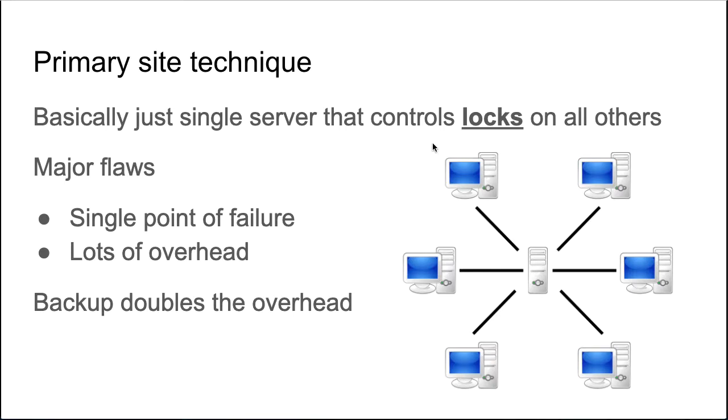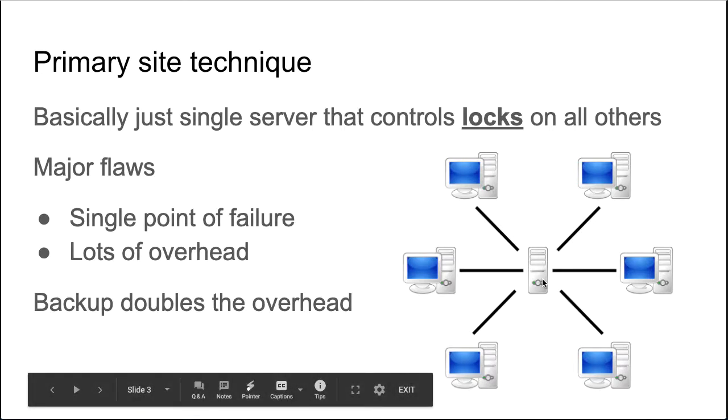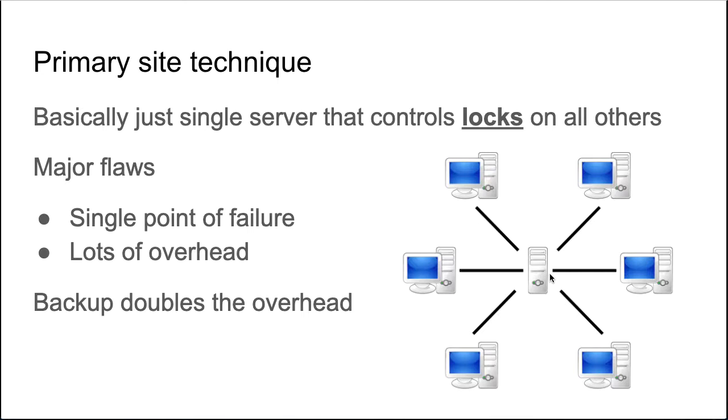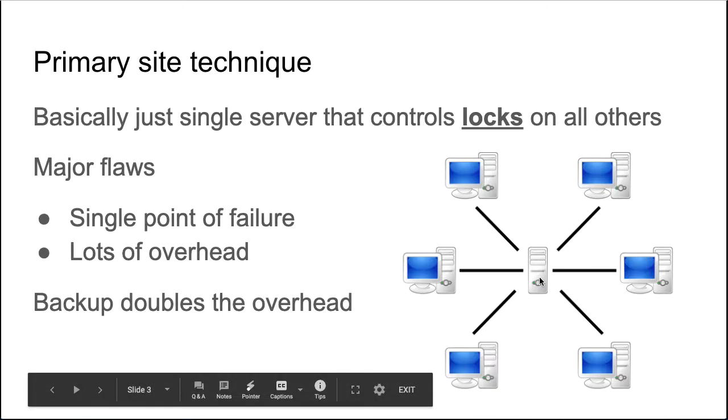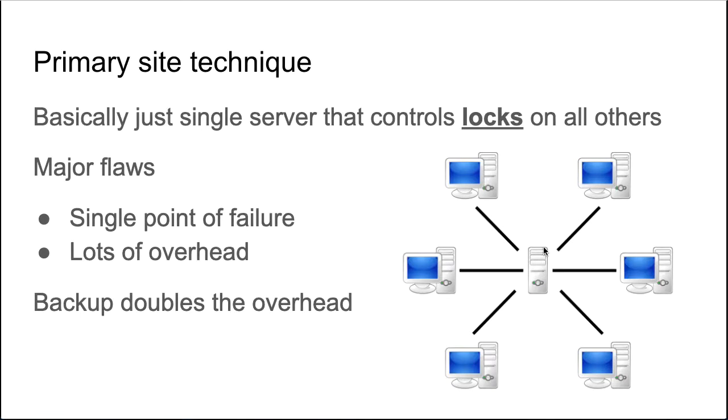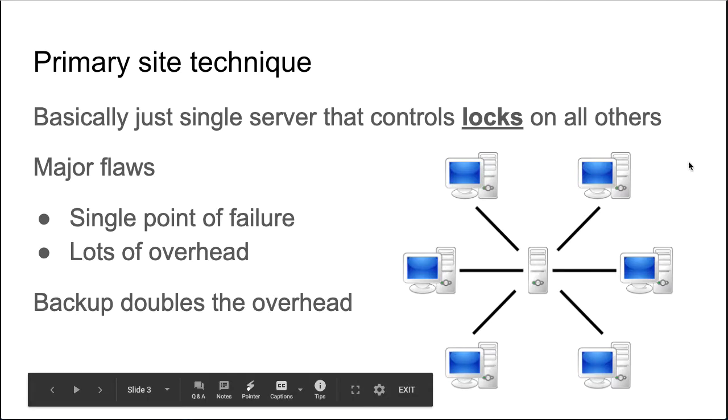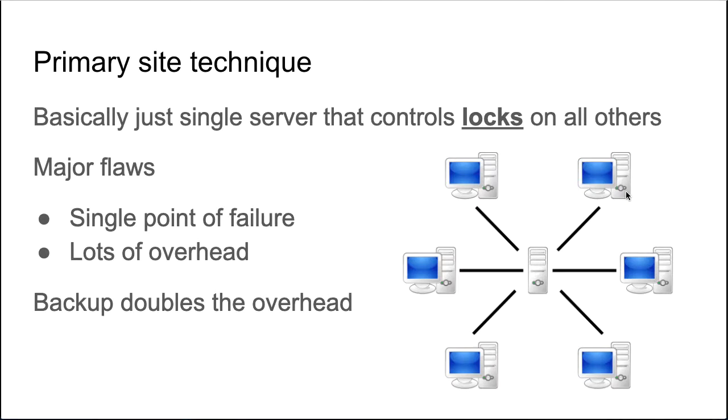So one of the ways that they can be dealt with is you have a primary site. You have this server in the middle here that is the primary server, and it is the master, if you will. So anytime you want to update your data officially, this server has the official data. It's not done until this server has done it. So if I update my Twitter feed over here on this server, it's not updated until it gets here and updates this.